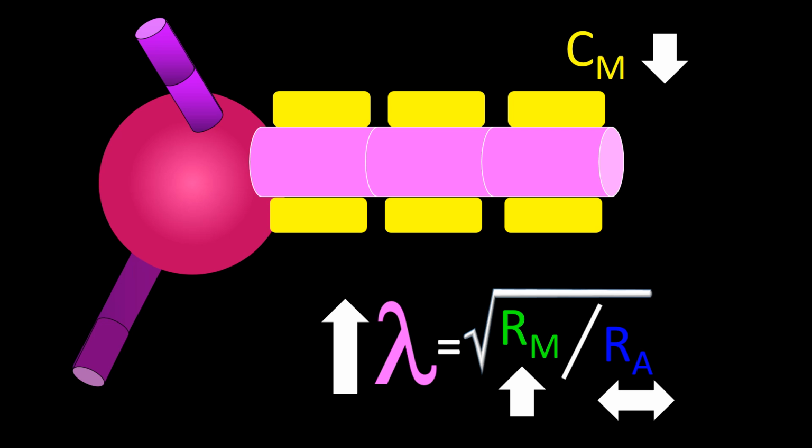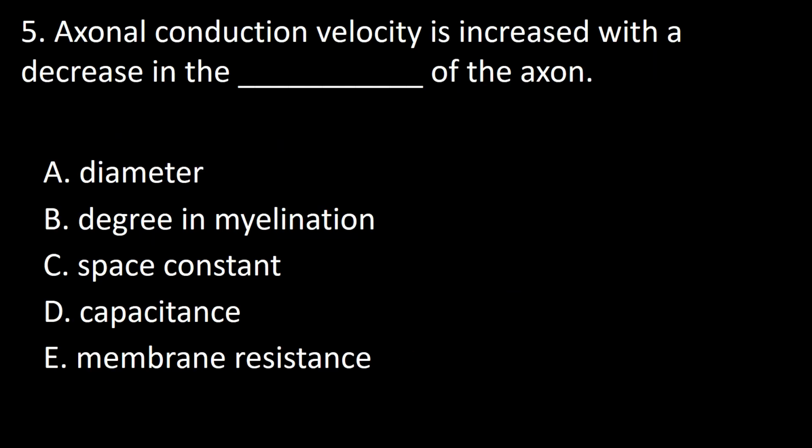Membrane capacitance is also decreased by myelination. A decrease in membrane capacitance is believed by some authors to further contribute to expanding the distance traveled by the depolarizing current. So the answer to this question is D.